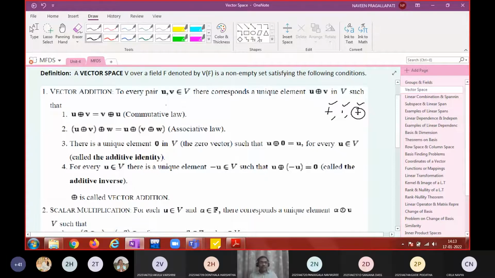With respect to this operation, if u star v is also an element of V, that means this is a function from V cross V to V. You take any pair of elements u comma v, their operation must be an element of V. Its image we denote with star of u comma v or u star v.